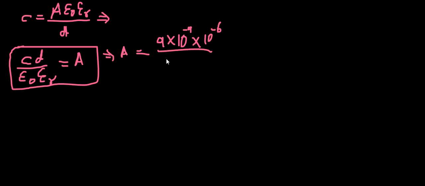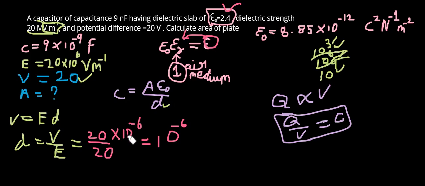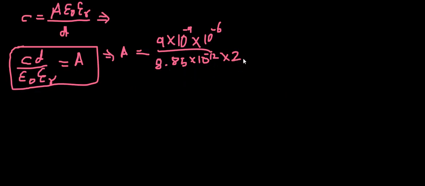Epsilon naught value is the constant value, that is 8.85 into 10 power minus 12, and the ER value is given here. What is the ER value? 2.4 is given there, so I am going to substitute that value 2.4. So now the simplification process can start from here.